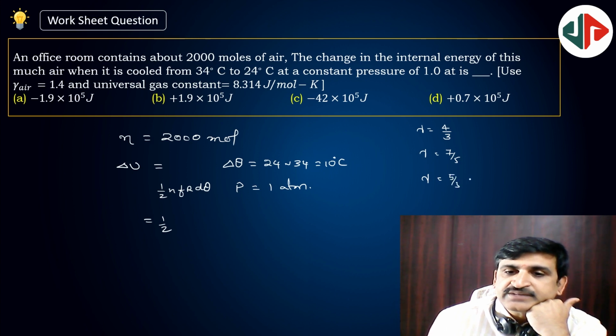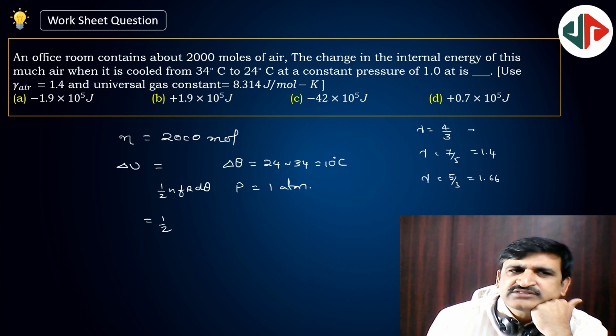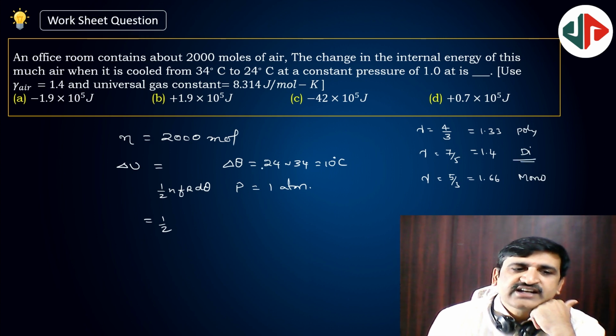We have 3 types: 1.66, 1.4, and 1.33. So this is polyatomic, this is diatomic, and this is monoatomic. So here he indirectly gave a diatomic gas.